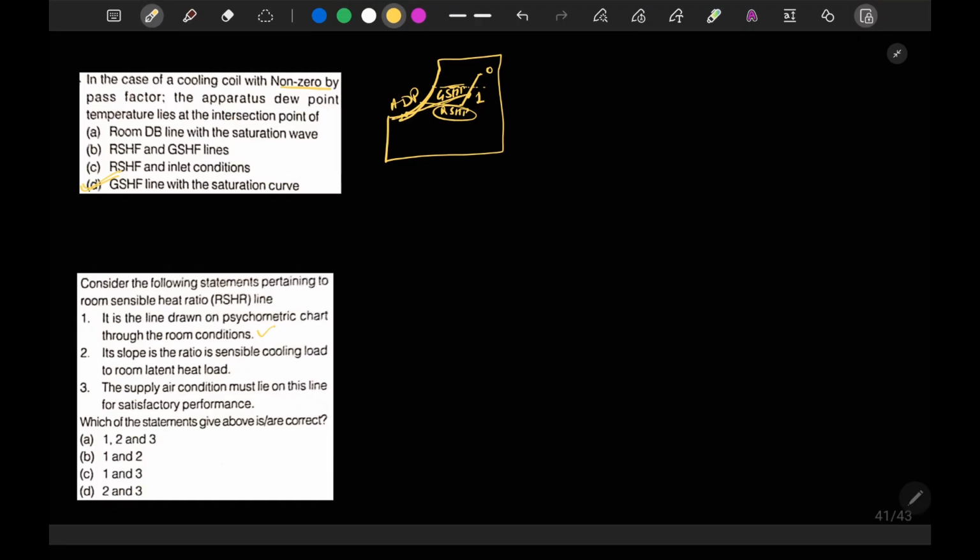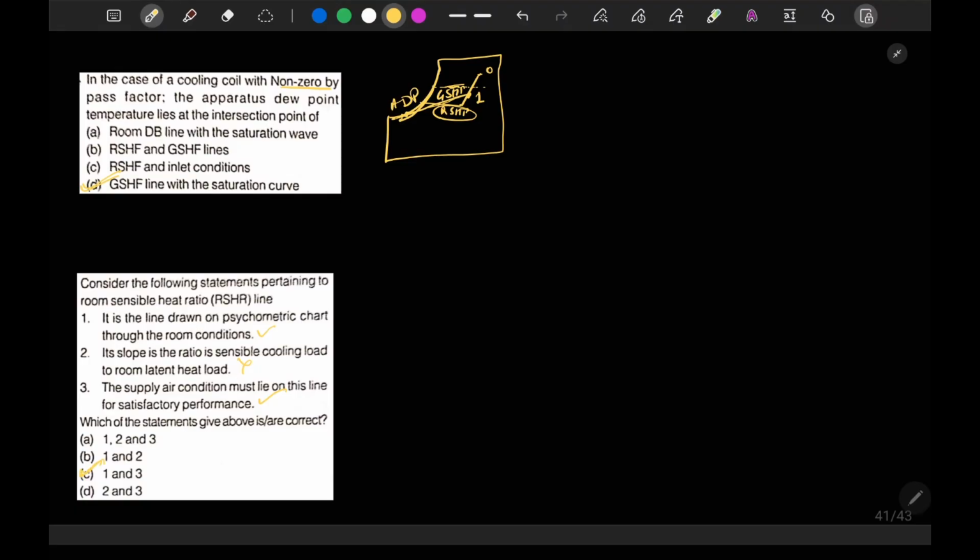The slope is delta y by delta x, so this is incorrect; it should be reversed. Next, the supply air condition must lie on this line for satisfactory performance. This is also incorrect. So we get answer C, 1 and 3.